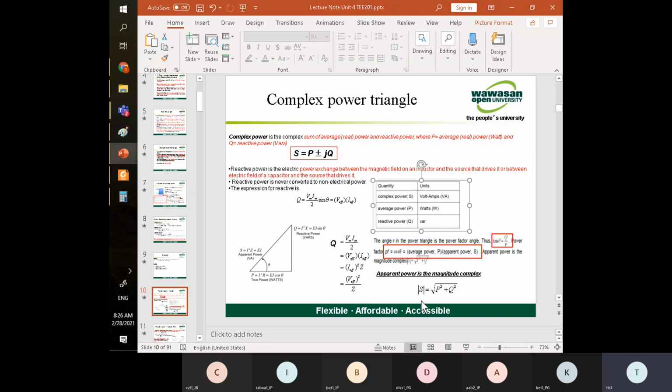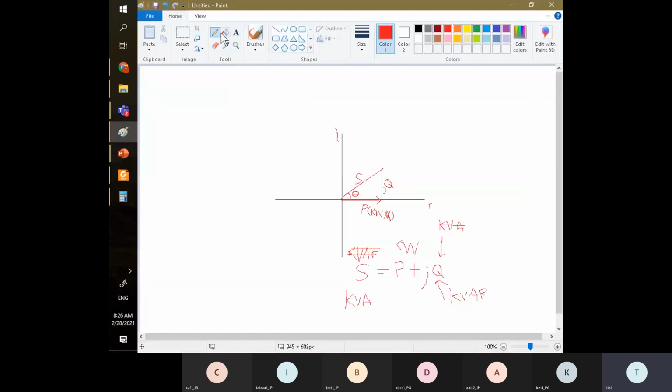If the load is only pure resistive, it is going to look like this. Let me show you a quick one. If the load is pure resistive, it is going to be like this only, with no angle, on the x-axis only.